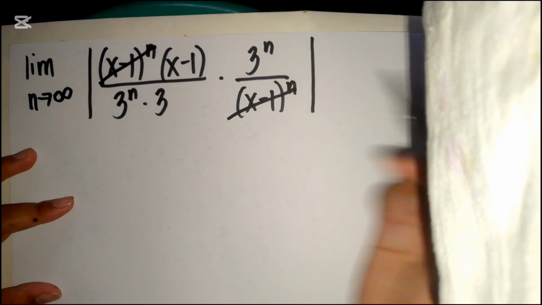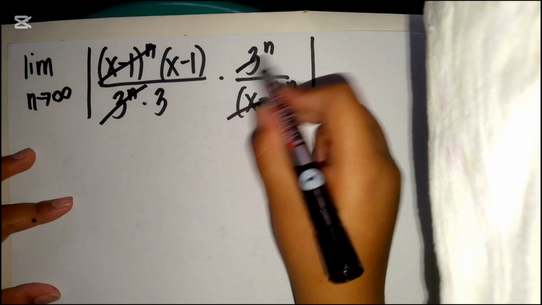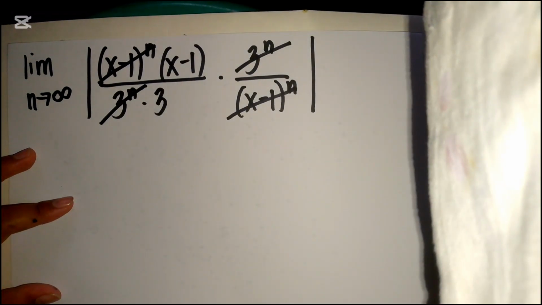And now we will be canceling the same terms, which are (x minus 1) raised to n and 3 raised to n.